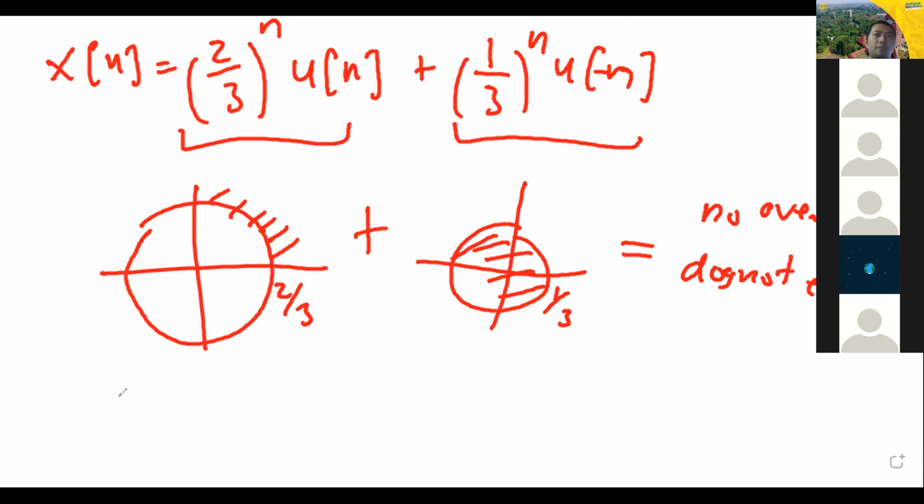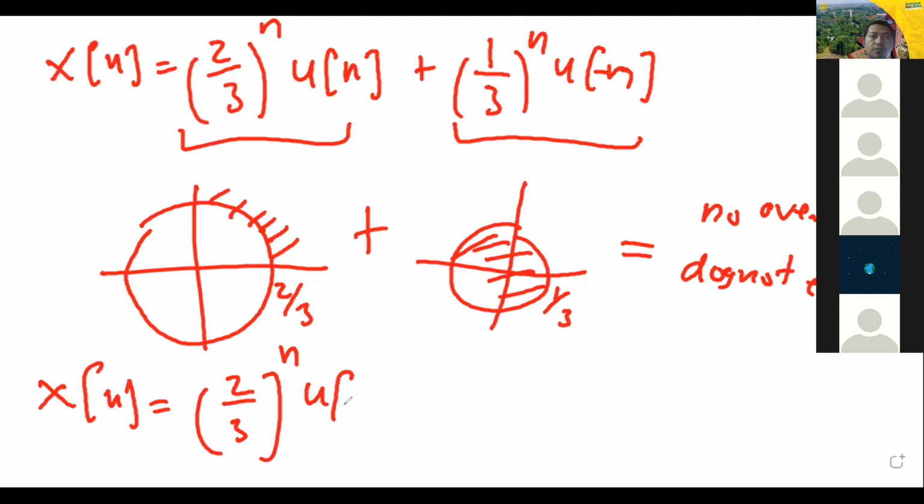But otherwise, if we have x[n], for example, we change the notation: still 2/3 to the power n, but this is u[-n], and plus 1/3 to the power n, and this is u[n].